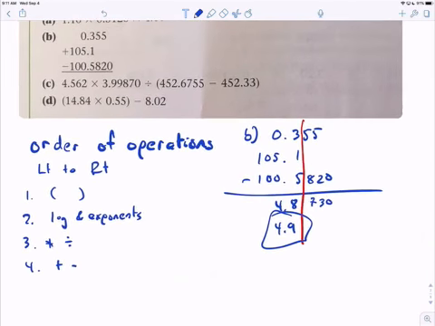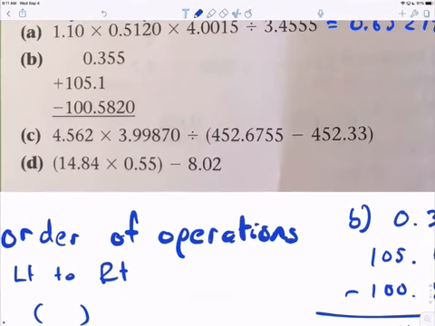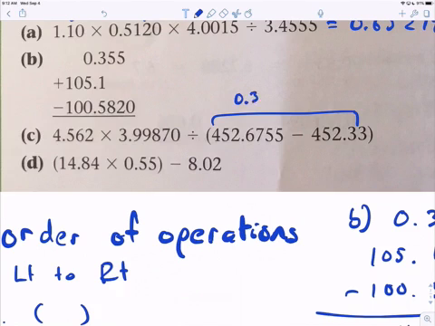So for part C, you have to do this part first, and that's in the parentheses. Doing this part first, you get 0.3455, and the thing is that you're only sure, but how many sig figs does this answer have?